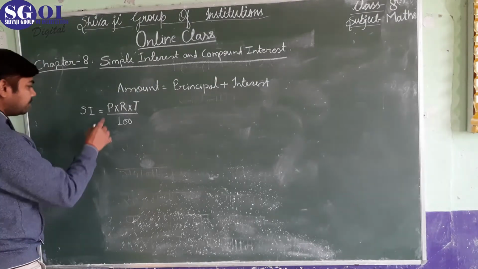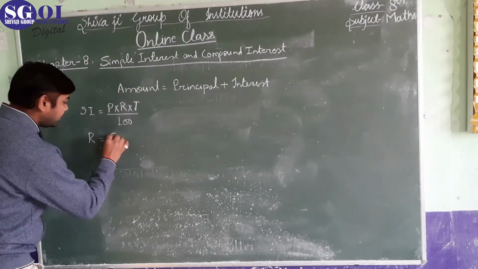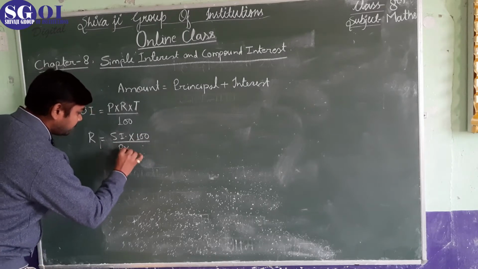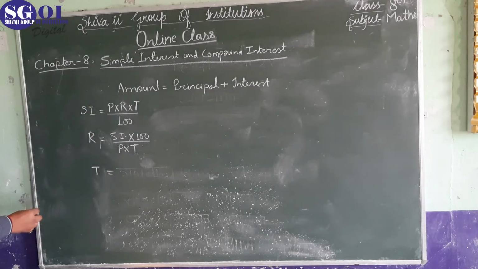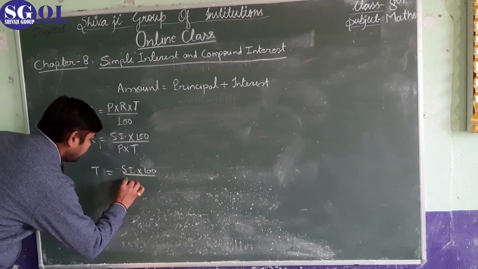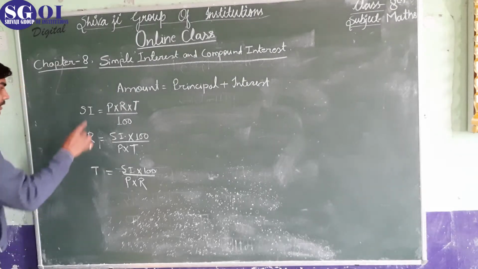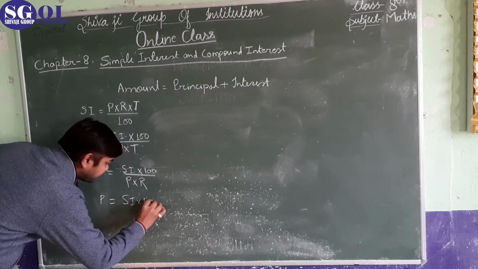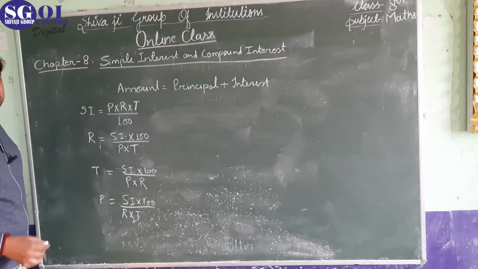We can also find R: R equals SI into 100 upon P into T. Similarly, time equals SI into 100 upon P into R. Similarly, principal can also be found: P equals SI into 100 upon R into T. So these formulas will be essential for you.